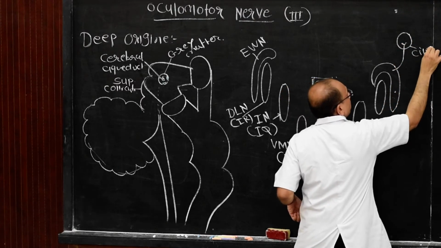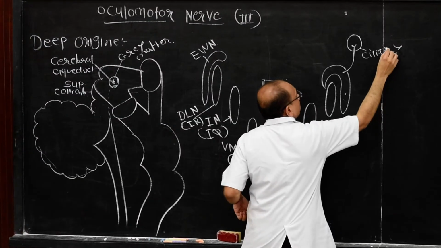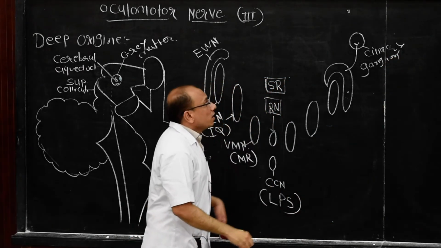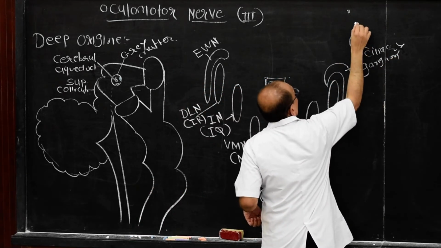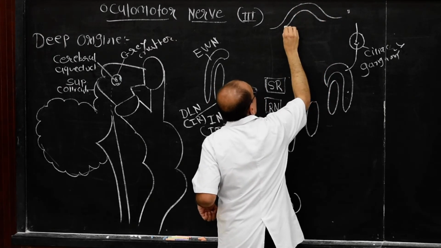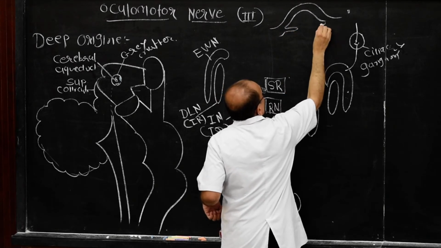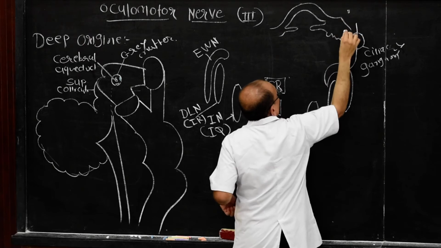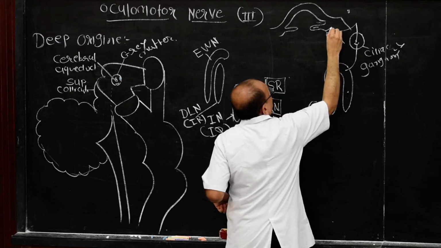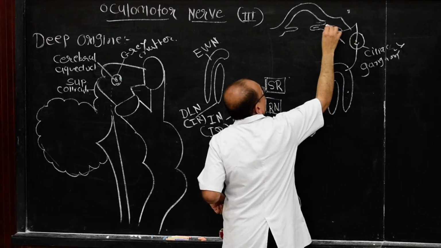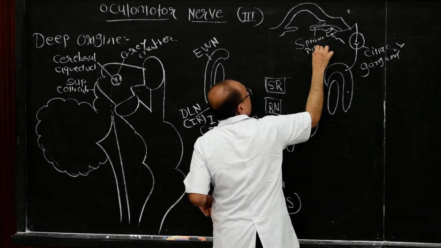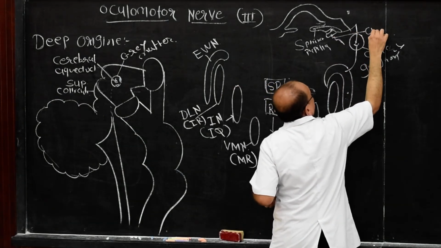This one is the ciliary ganglion, and the postganglionic fibers from it supply the ciliaris muscle and sphincter pupillae.